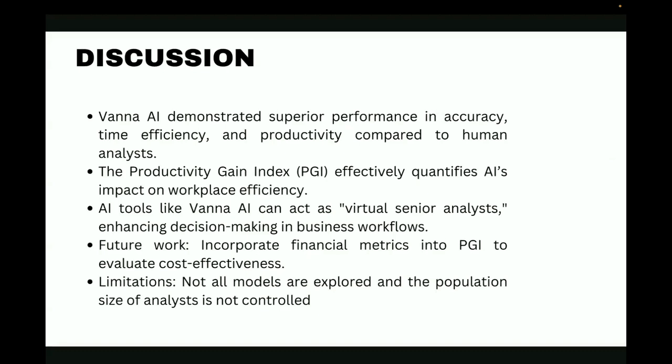If we can use AI tools retrospectively, they can act as a virtual senior analyst, which can provide on-the-spot decisions or insights for all stakeholders. The future work here is that we want to incorporate financial metrics, meaning how many tokens have been generated, into PGI, so we can evaluate the cost effectiveness compared to human salary.